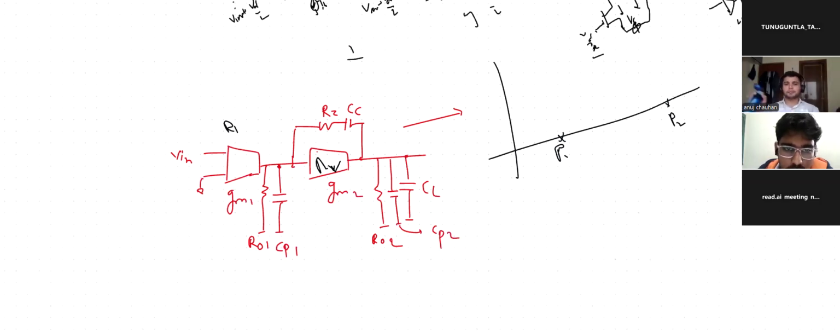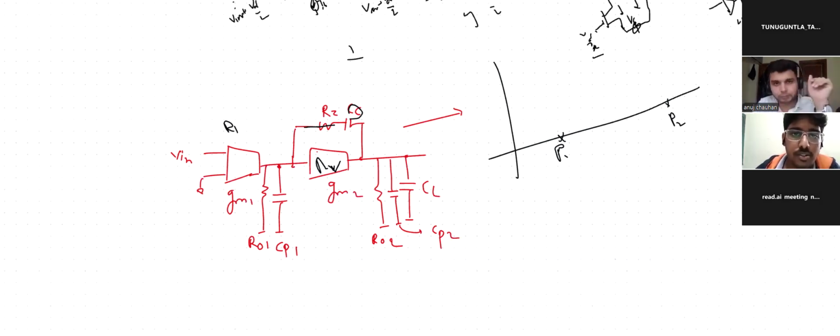So after using this Miller compensation, I am assuming first there is no resistor. Since we mainly apply the Miller technique for the capacitor, the resistor comes again at the last node, for the right hand zero.